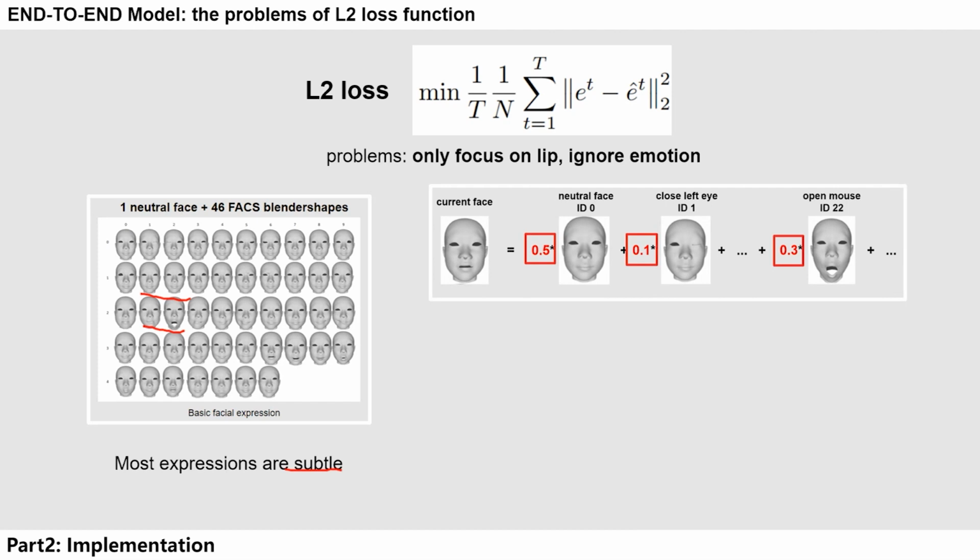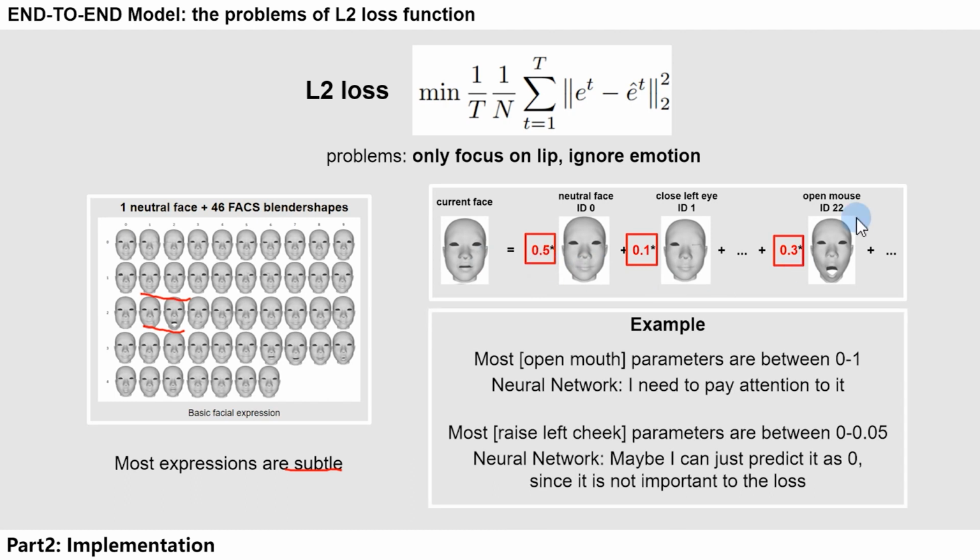And we want to predict those numbers. Maybe for this number, the uppermost coefficient, the parameter is between 0 and 1, so the neural network thinks, okay, it's important, so I need to pay attention to it. But for other facial expression parameters, maybe for right left cheek, the parameter is only between 0 and 0.05.